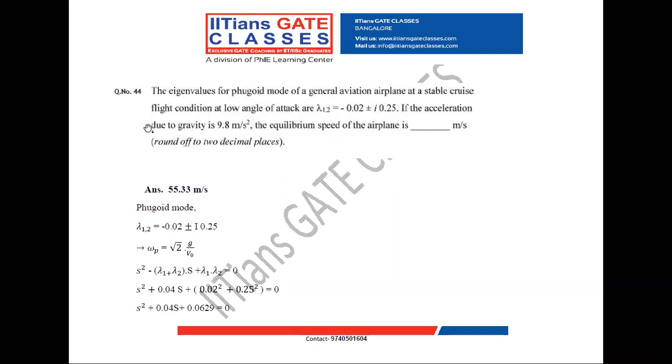If the acceleration due to gravity is 9.8 meter per second square, the equilibrium speed of the airplane is dash meter per second.